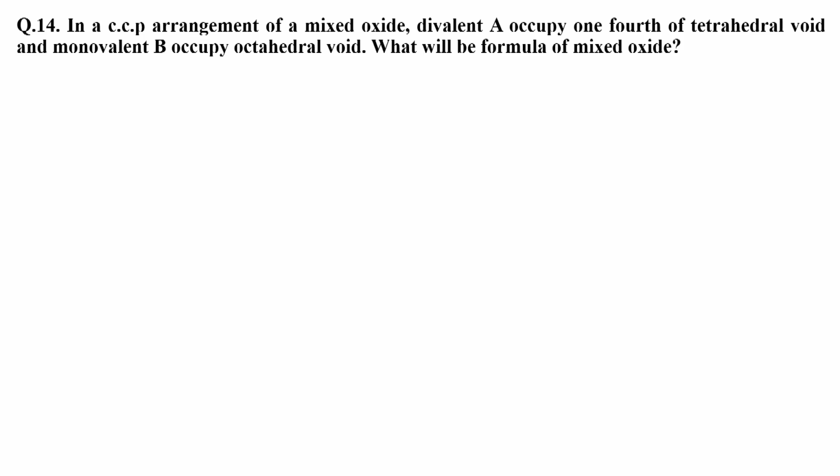So in a CCP system, the number of atoms per unit cell is 4, right.